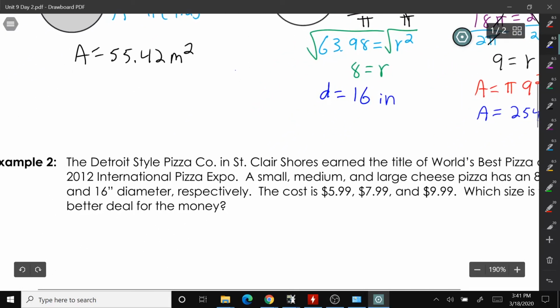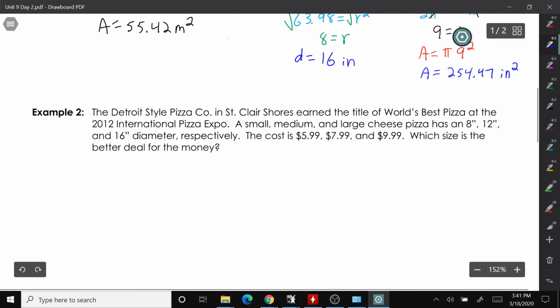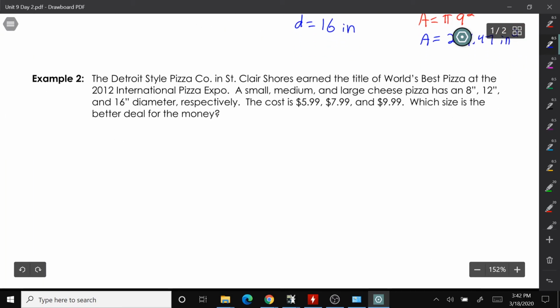All right, let's look at example number 2, where we have a pizza shop that earned the title of World's Best Pizza at the 2012 International Pizza Expo. A small, medium, and large cheese pizza has an 8-inch, a 12-inch, and a 16-inch diameter respectively, and the cost is $5.99, $7.99, and $9.99.